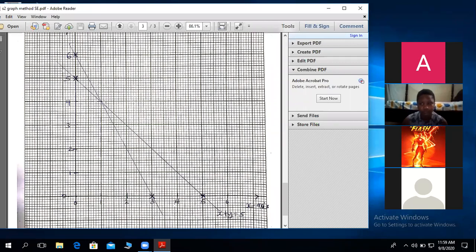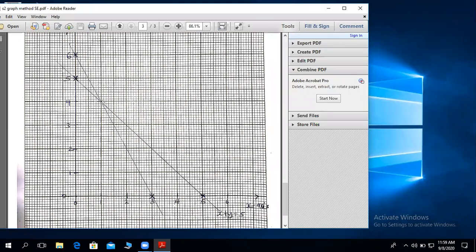These two lines. For example, here, if I ask you to read this coordinate, on x-axis it is 1, so that means the value of x is 1. And on the y-axis it is 4, that means the value of y is 4. That's where the lines are meeting. So without wasting time, the point of intersection is 1, 4, meaning x is 1 and y is equal to 4 on the y-axis.